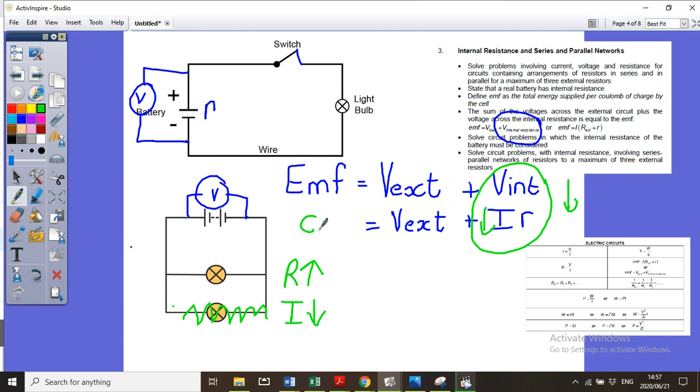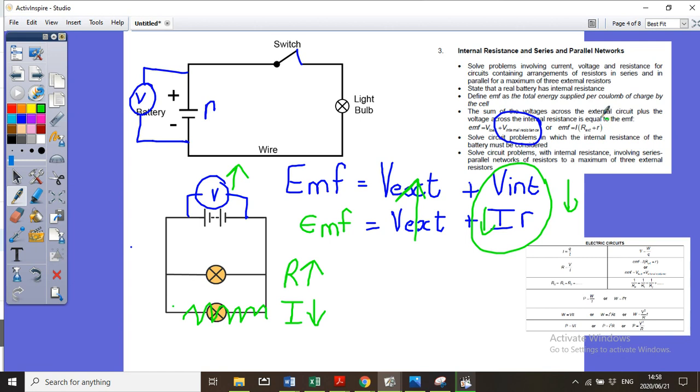But because the EMF is constant, if the internal voltage is going down because less energy is used inside the battery, then that means there is now more available for the external circuit. And therefore, this external circuit reading will go up, and that means this reading on my voltmeter will go up. Please remember that this is only for when there is internal resistance. Otherwise, the EMF and the external voltage will be the same.